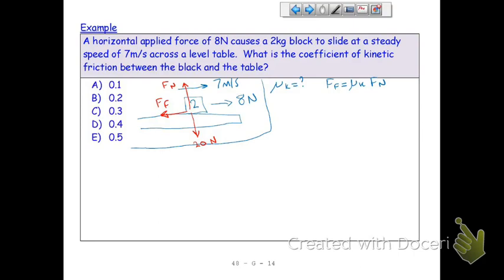So then mu k is equal to Ff over Fn. I don't know either one of them, so let's find them.